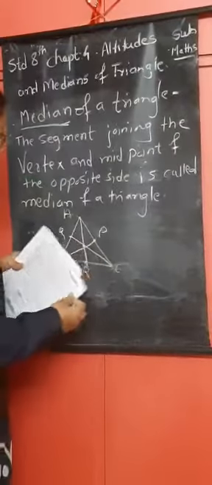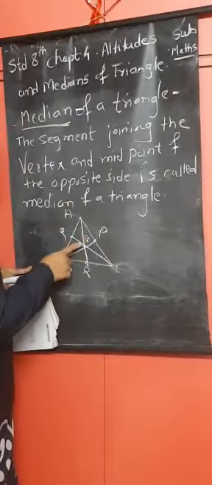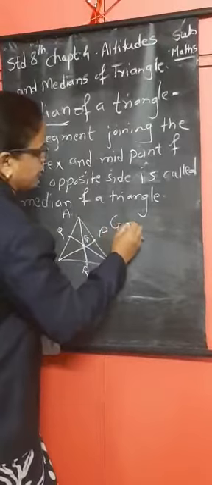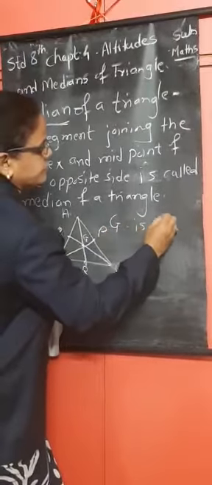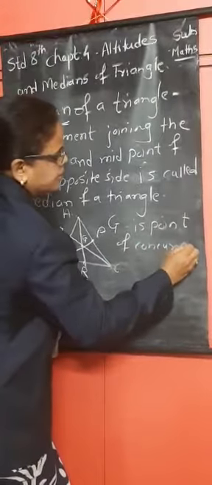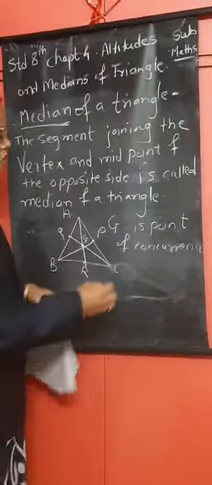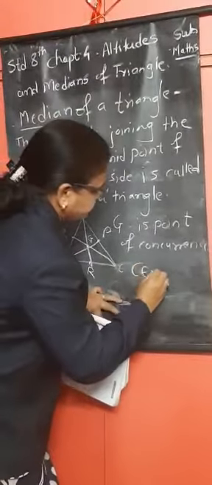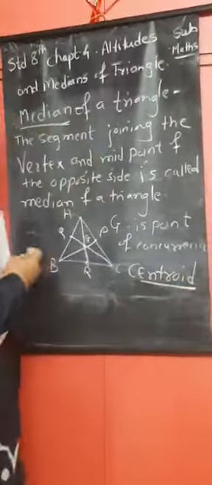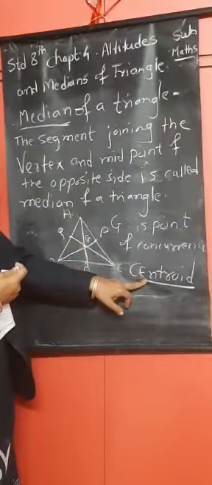This point is G. आता सगळ्या मध्यगा ज्या पॉइंट मध्ये मिळतात तो पॉइंट G. G is the point of concurrence, and it is called the centroid. म्हणजे सर्व मध्यगा ज्या पॉइंट मध्ये मिळतात त्याला काय म्हटलेलं आहे? सेंट्रॉइड.